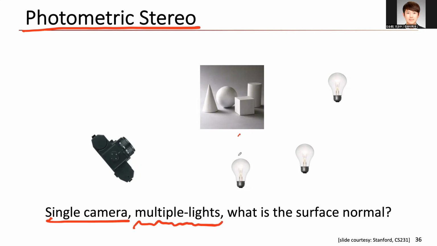For example, like this direction, this direction, and this direction. And by considering the shape or shadow from the multiple lights, we want to find the surface normal or the depth information given a single camera image. This is called photometric stereo.